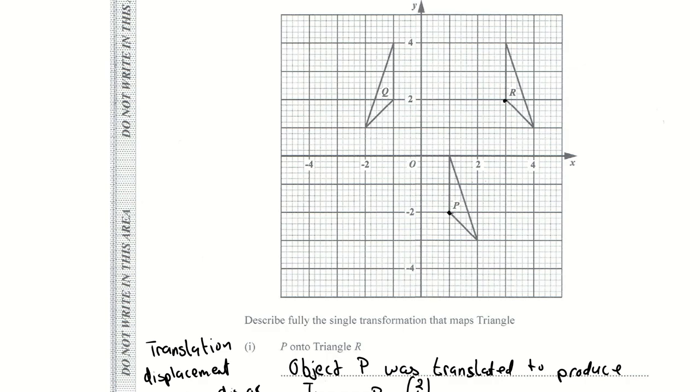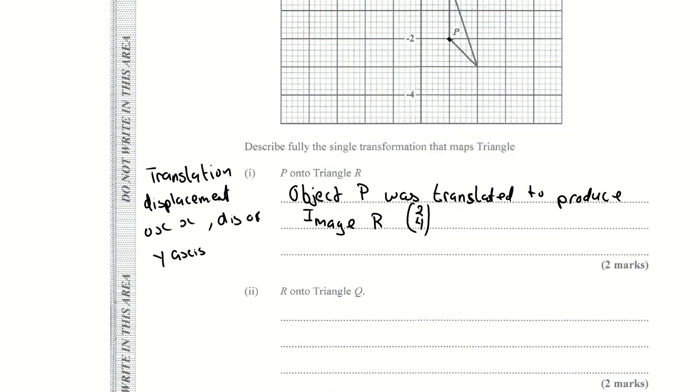Or you can actually say 2 units along the x-axis and 4 units along the y-axis. And that is how you would do this question. Guys, 1 second.